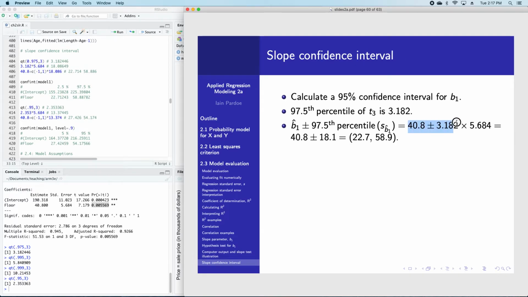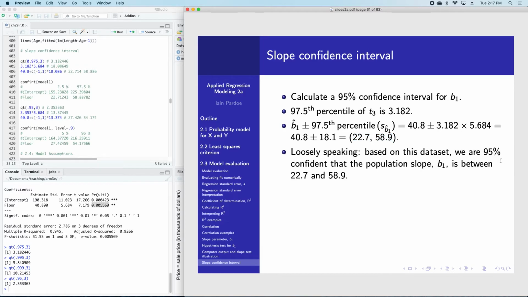And then if I calculate this all out, I get this interval here, 22.7 up to 58.9. So loosely speaking, I could say that based on this data set, we're 95% confident that the population slope, B1, is between 22.7 and 58.9.